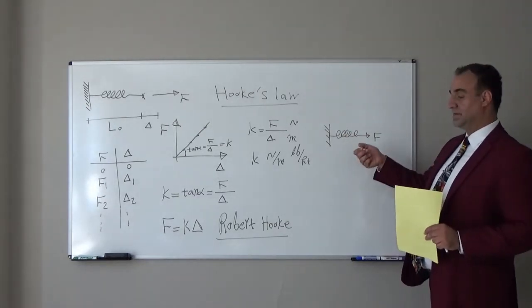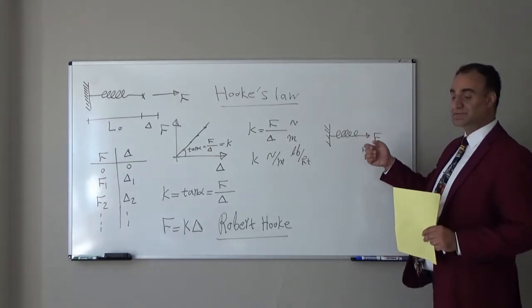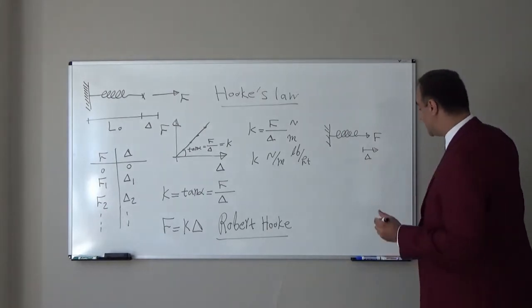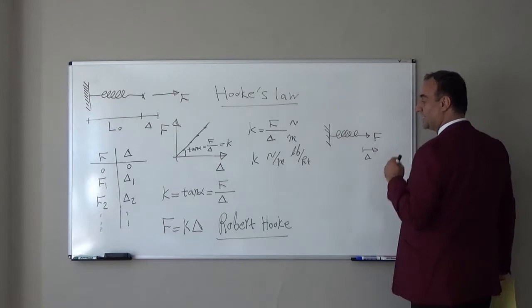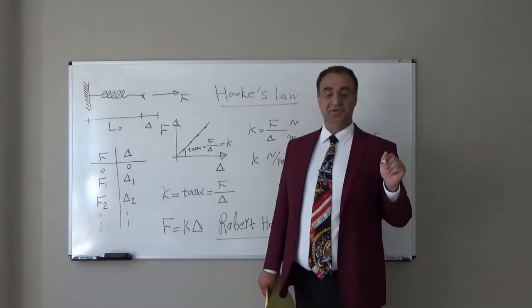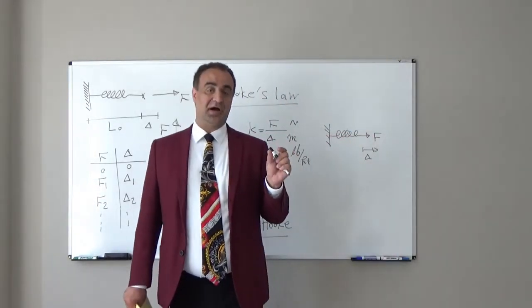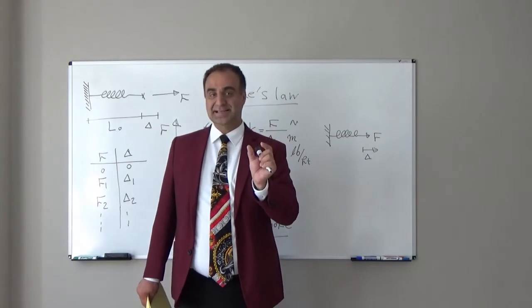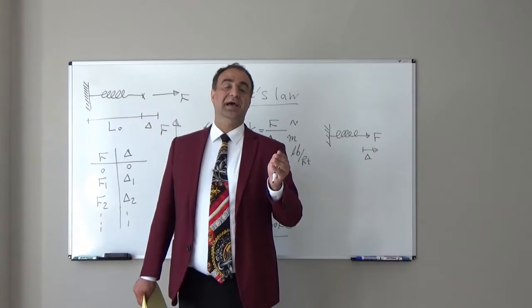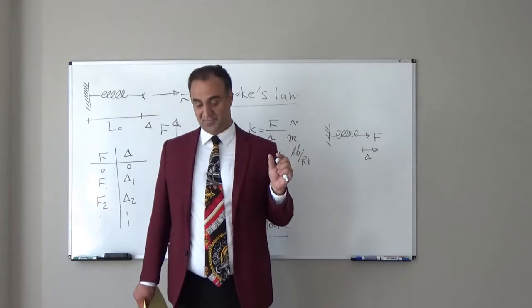But if the force exceeds a certain value, in that case, if I remove F, a little bit it will come back to the initial shape, but we will have permanent deformation. So deformation will be divided into two parts. One part is elastic deformation. That part comes back to the initial shape, and the permanent deformation we call plastic deformation.